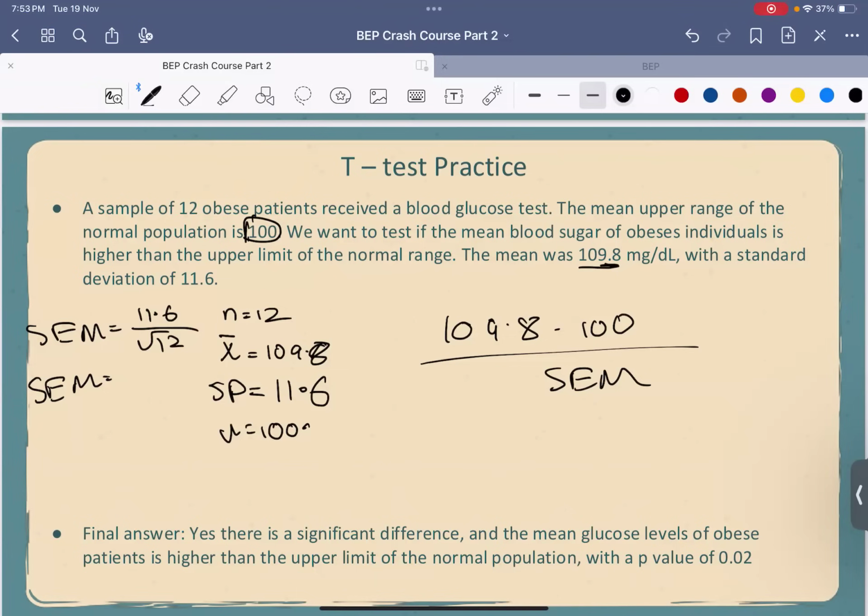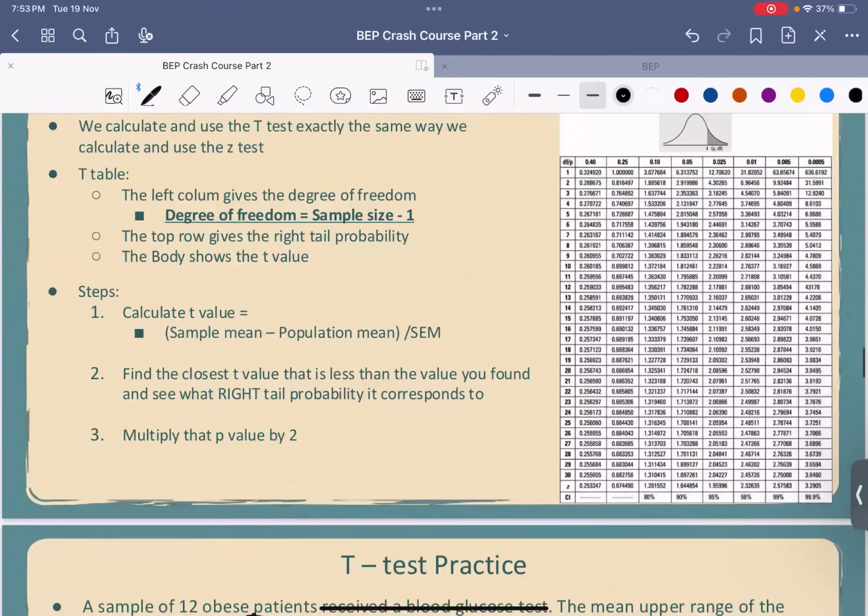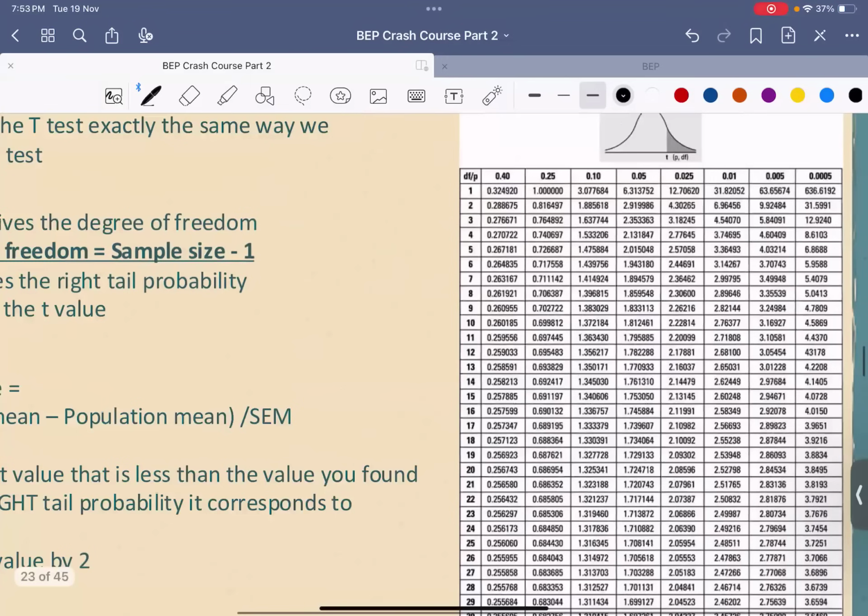Honestly, I'm on my phone calculator, so I don't know how to calculate it. When you get the SEM, I remember the value was 11, and you'll get 2.9 something.